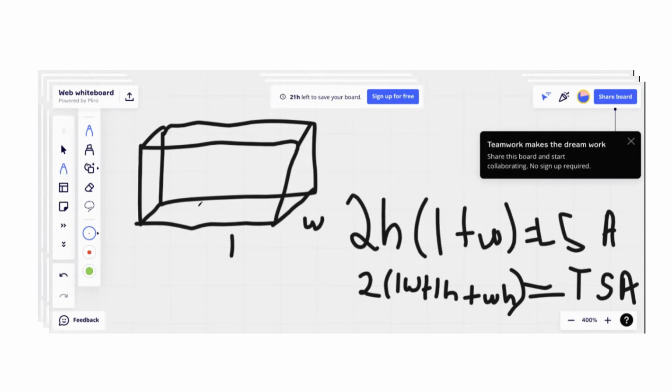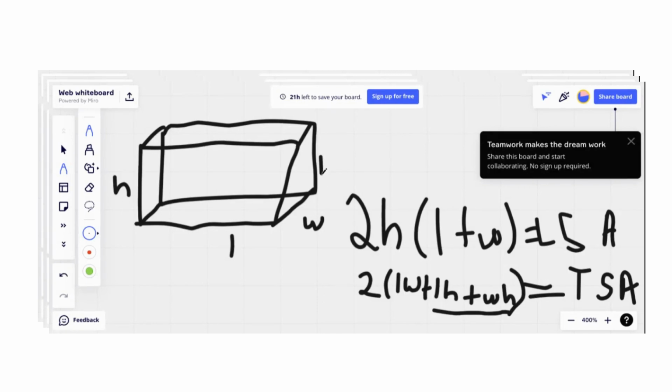This bottom part is our floor, and the floor is length times the width. Now, we'll do length times the height. Why? Because a wall has height and also length. And now we're going to do the same thing with the width times height. And that is what this is over here.